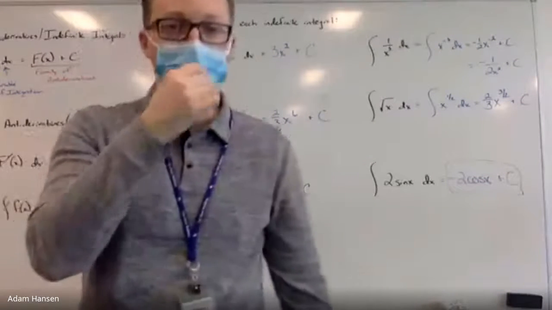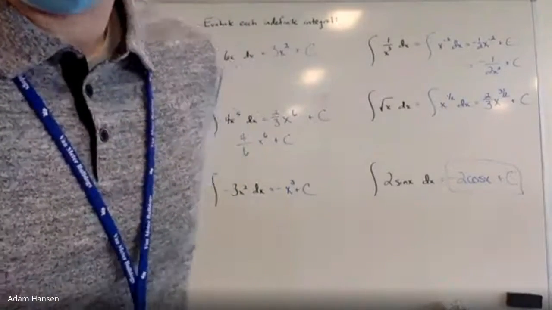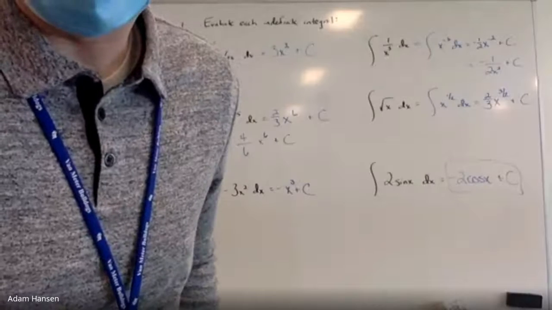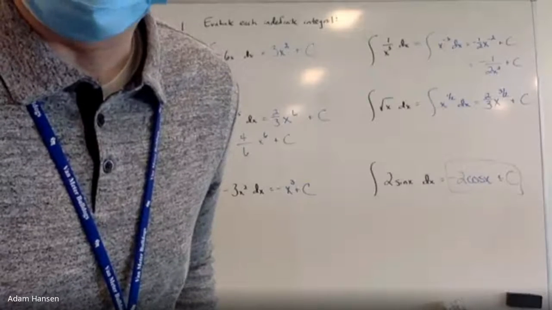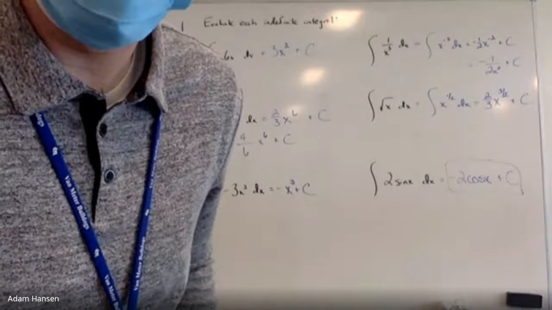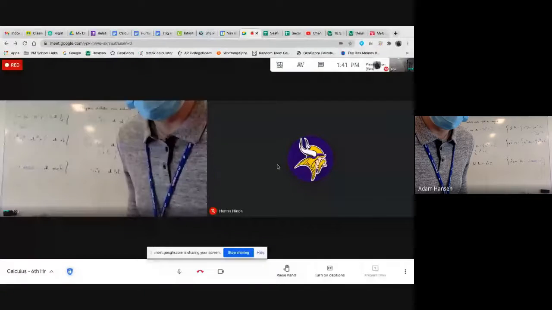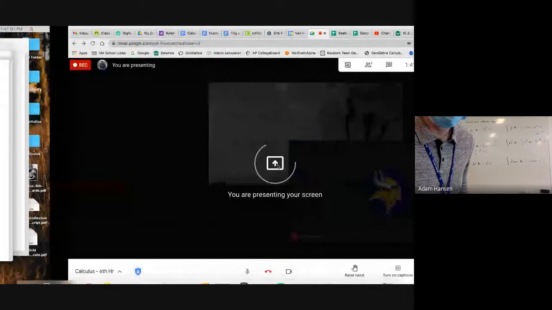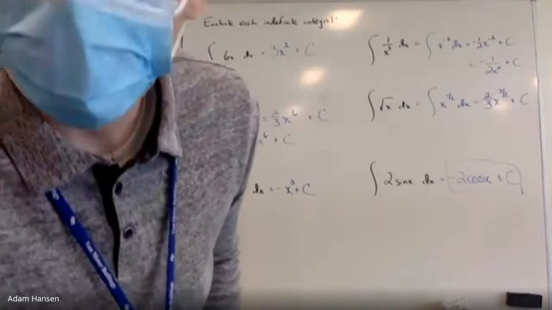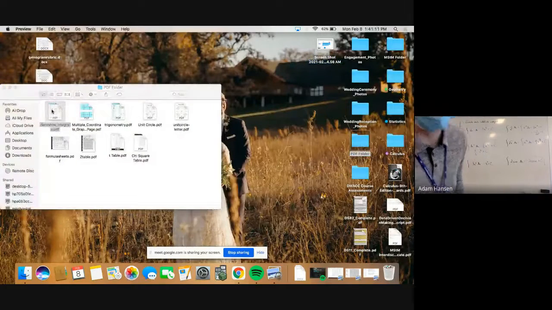All right, could you guys grab your formula sheet for a minute? I know we haven't talked about those in a while, because it's been a minute since we've done some derivatives and antiderivatives. Formula sheet would be derivatives and integrals right here.